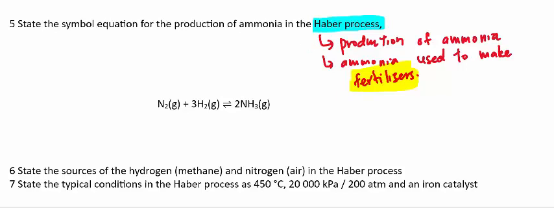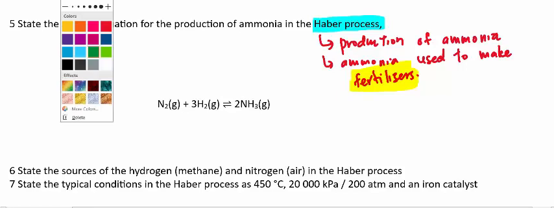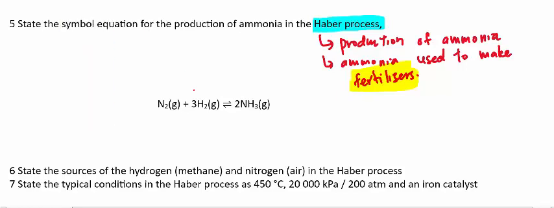All right, now first you must know where everything comes from. So where does nitrogen come from? Nitrogen comes from the air because the air is 78% nitrogen.